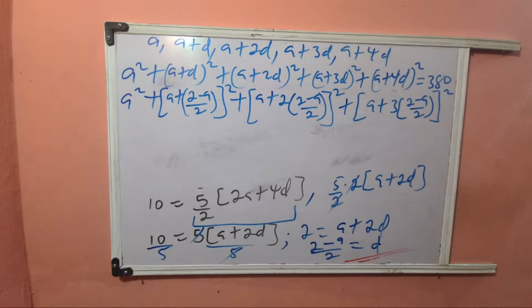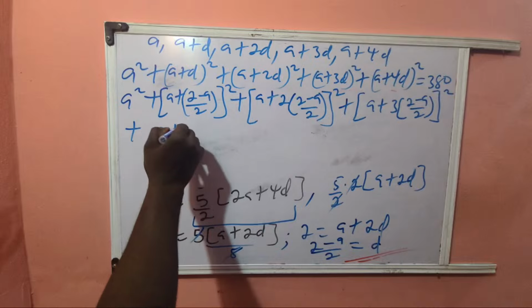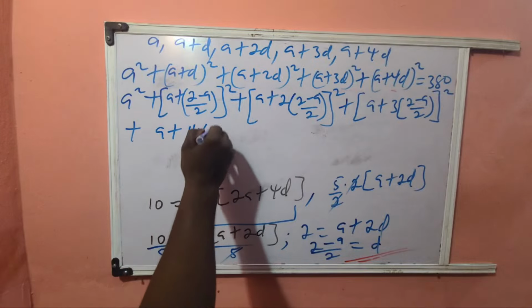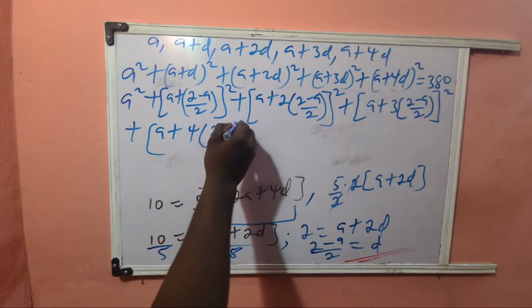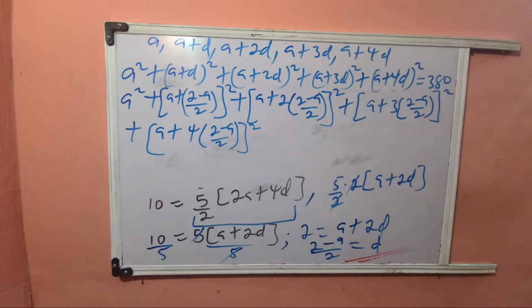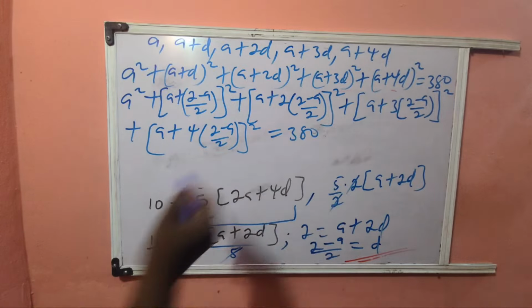Then the last one, plus a plus 2 minus a over 2, and everything still has a square. All these are equal to 380.